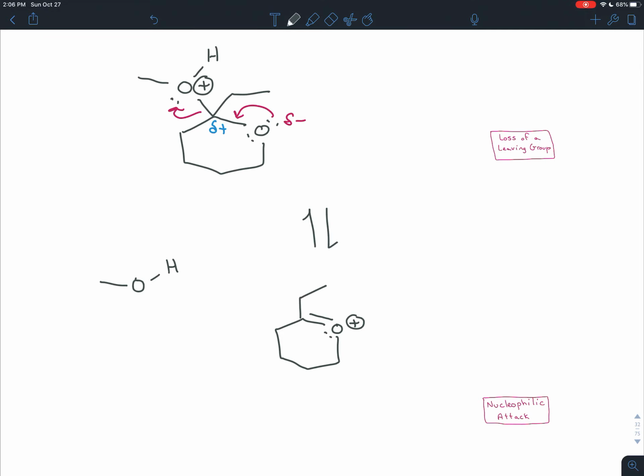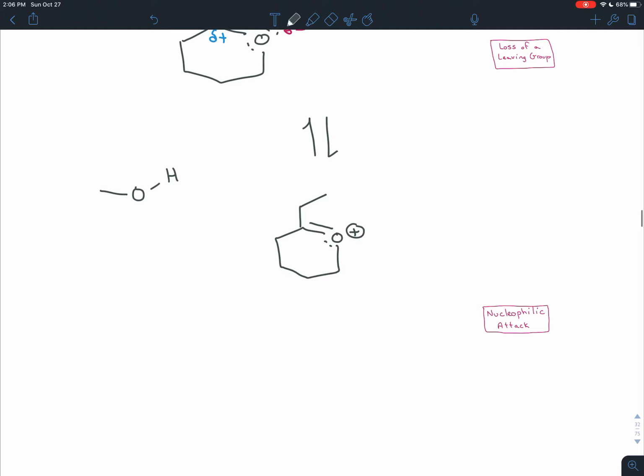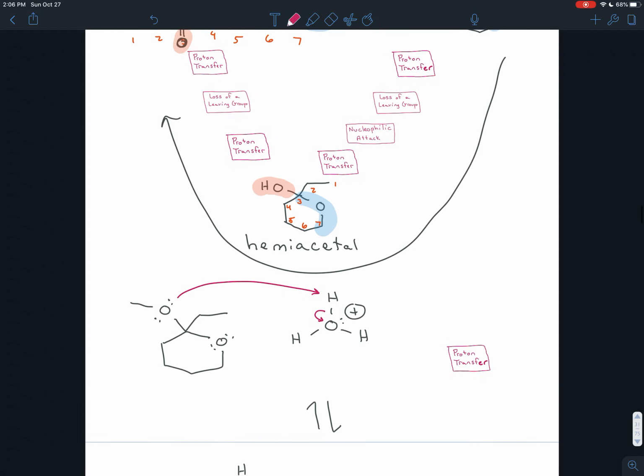That gives this oxygen 3 bonds, so it has a positive charge, and the methanol left the molecule. Okay, well, this creates a really strong electrophile. The carbonyl carbon is really slightly positive. It's losing its electron density to the oxygen because it's bonded to it twice, but the oxygen has special powers. It has a full positive charge that it can use to pull electrons to itself even more. So the carbonyl carbon here is a very vulnerable electrophile.